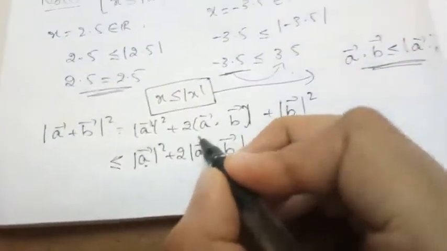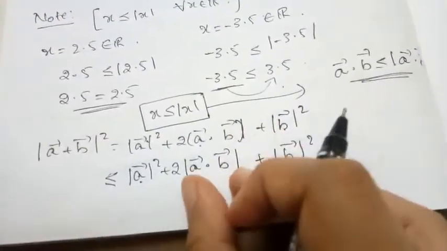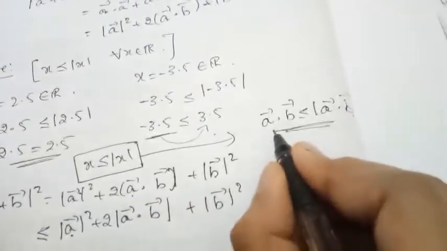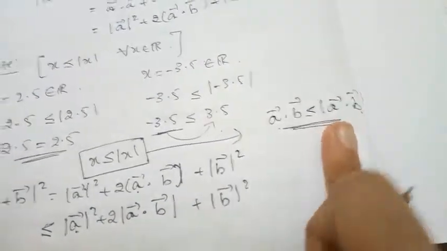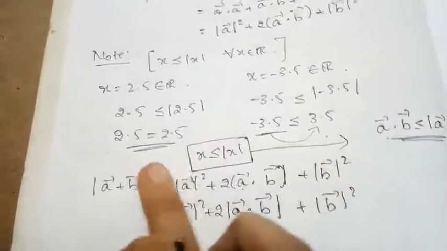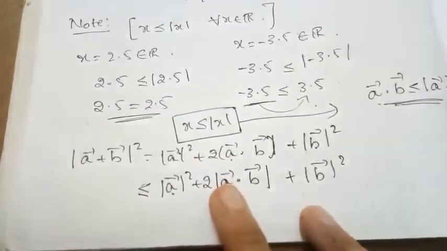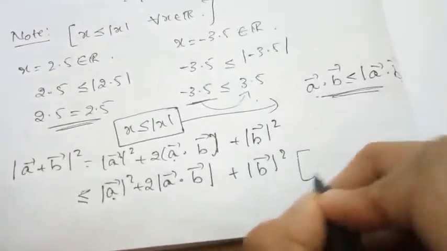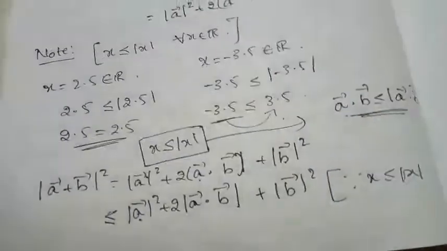But the second quantity, 2 times vector A dot vector B, has become 2 times the magnitude of vector A dot vector B. We know that A dot B is less than or equal to the magnitude of A dot B. So this whole quantity became less than or equal to 2 times the magnitude of A dot B, because here I used the property x is less than or equal to mod x.